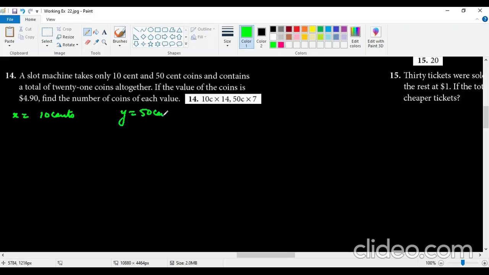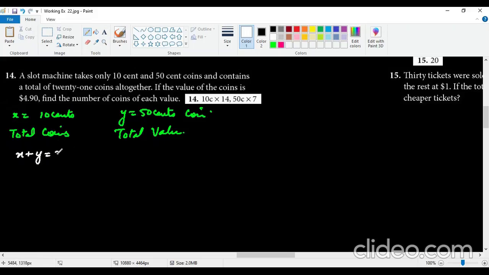Again, two conditions: total coins and total value. For total coins, it's x plus y equals 21, as you can see in the question itself.